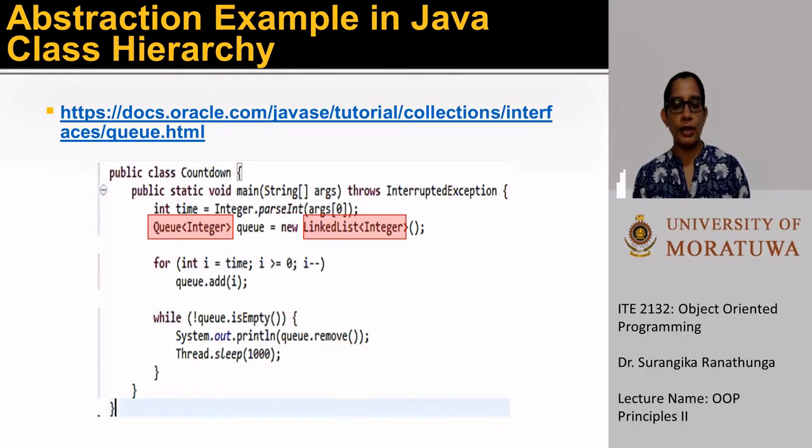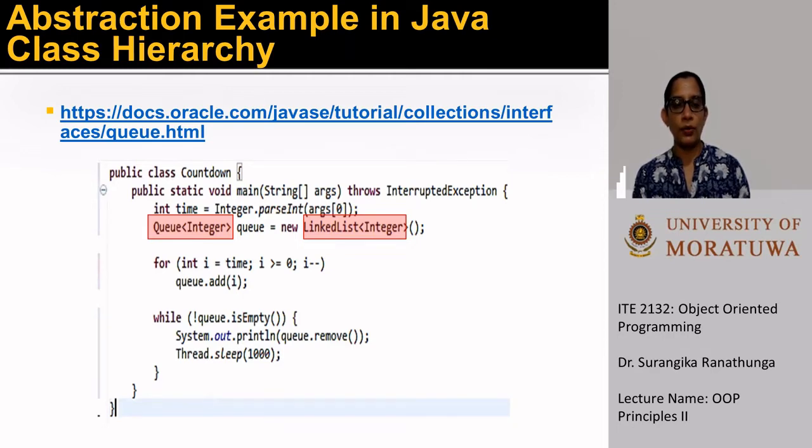Now see what we have done here. We are creating a variable of the object type queue, and to that we assign a linked list object. This is possible because linked list is a class that implements the queue interface. Our variable is of the type queue.